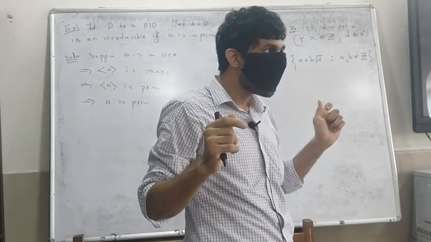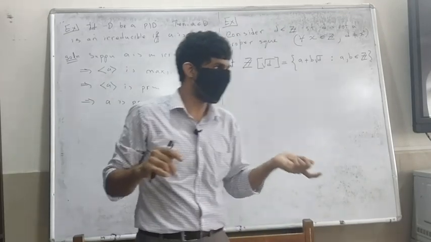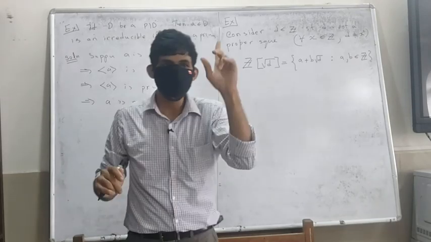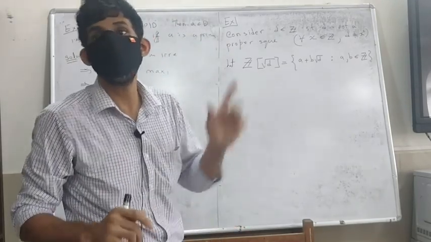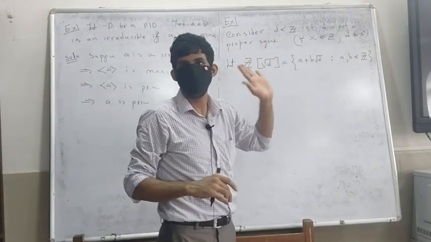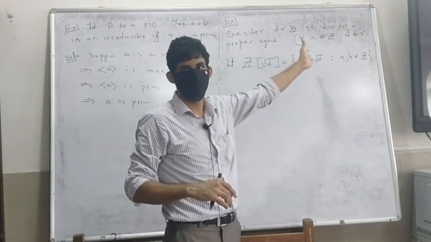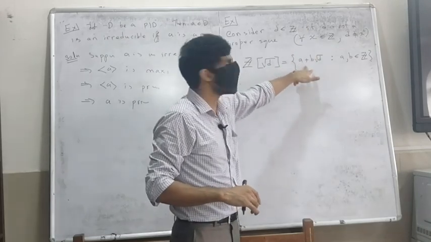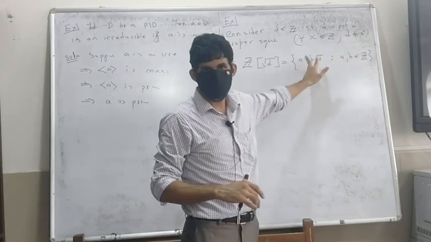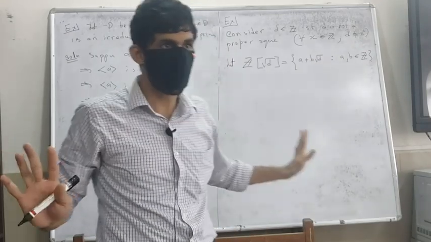A commutative ring with no zero divisors, which again comes from the field, so there is no problem, and has unity. The existence of the unity is again obvious. What is the unity element? 1, and 1 is in this because you can take a as 1 and b as 0, so no problem.